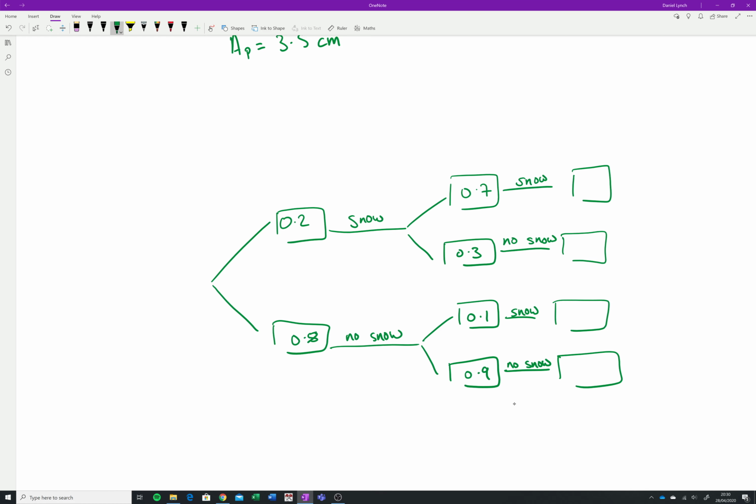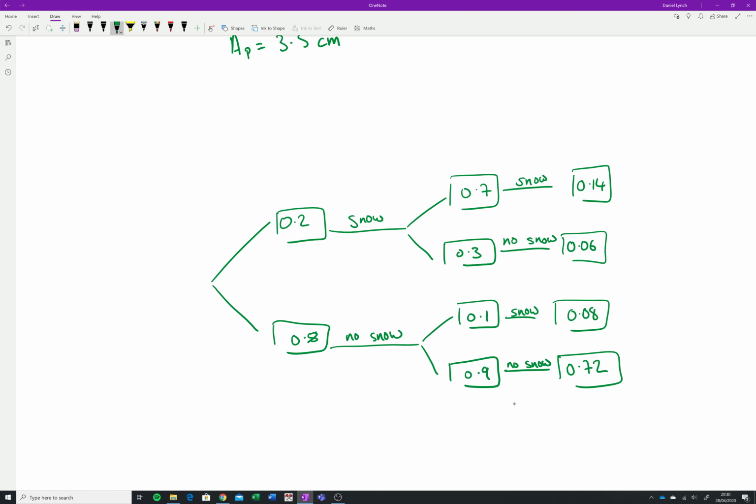So it's 0.2 times 0.7, so 0.14 is what we're looking at there. 0.2 times 0.3 is equal to 0.06. 0.8 times 0.1 is of course 0.08, and 0.8 times 0.9 is 0.72. If you add up all those possibilities together, you should get 1, because it will cover every single eventuality.